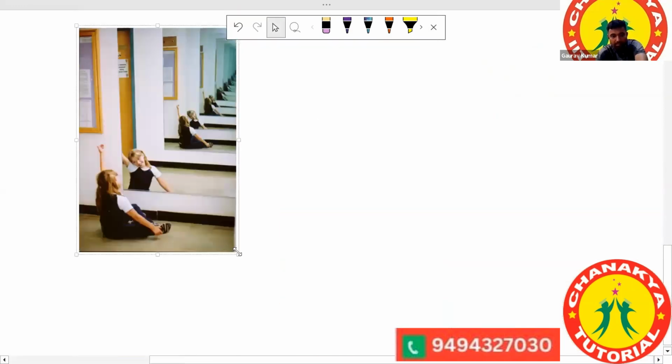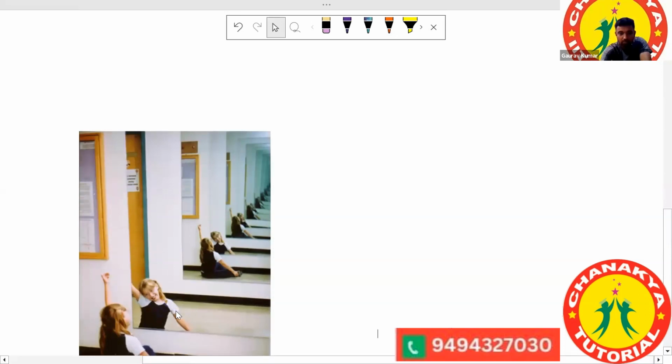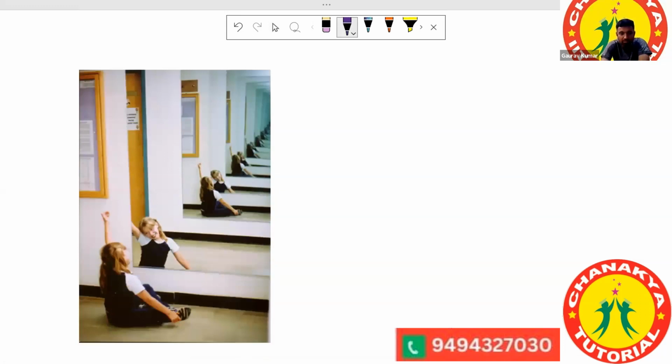Like this is one example. Can you see that there are infinite number of images, right? There must be one more mirror beside this girl, behind this girl, due to which there are infinite number of images.